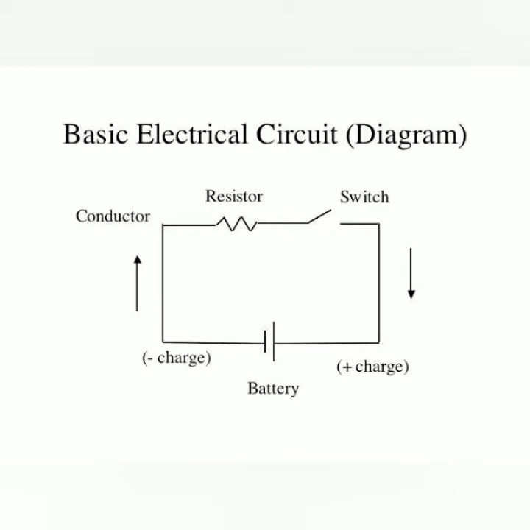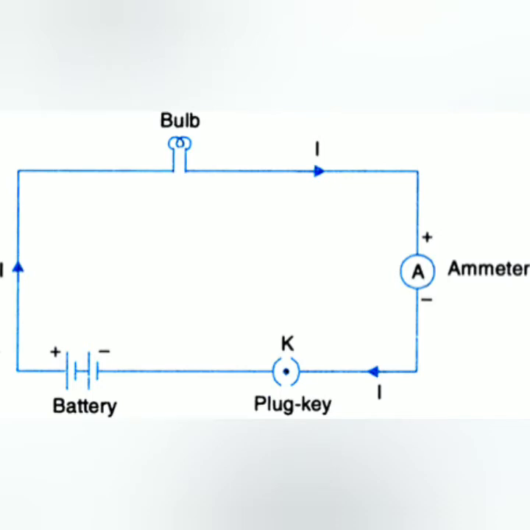I repeat, circuit diagram would be a schematic diagram which would represent the relative positions and connections of various circuit components represented by their symbols. A circuit diagram of an electric circuit having cell, electric bulb, ammeter and plug key is as shown on the screen now.